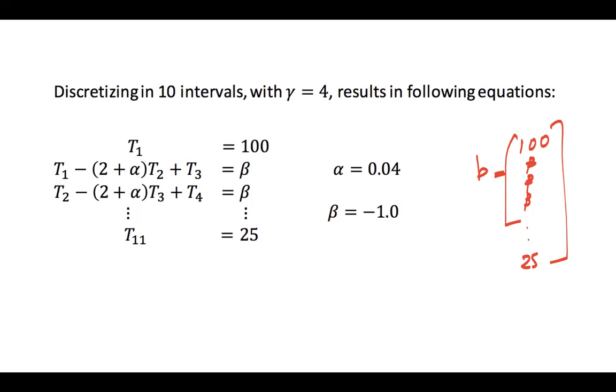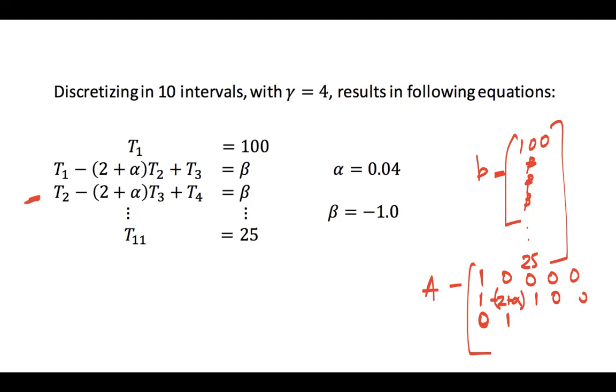And your A matrix looks like this. It will be 1, 0, 0, 0, 0, 0. Next, T1 is 1. Then you have minus 2 plus alpha, and T2 is 1. Then 0, 0. Next entry is 0, you don't have T1 here.